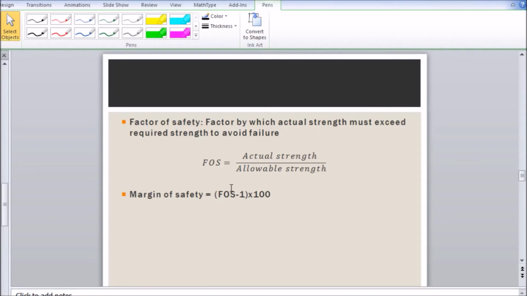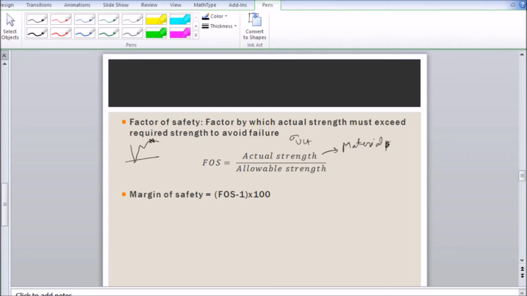Now how we do that is, factor of safety value is given by actual strength of the material. This is a material property, decided by material. Every material has its own actual strength, sigma ultimate, for example, ultimate tensile strength. Say for example in mild steel it was something like this.